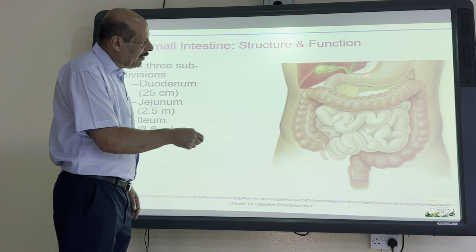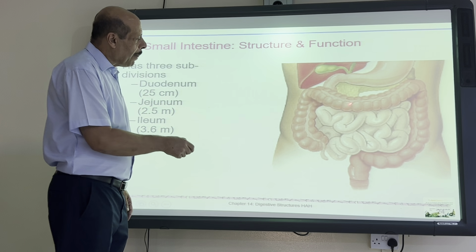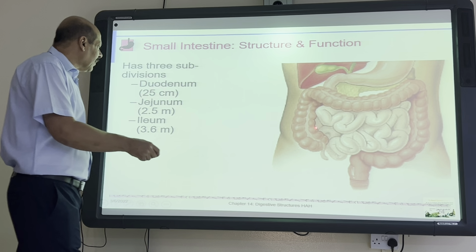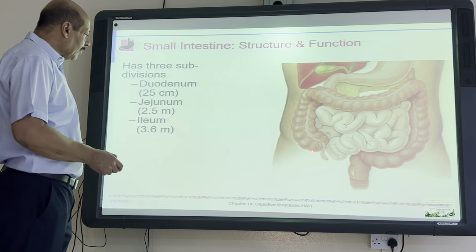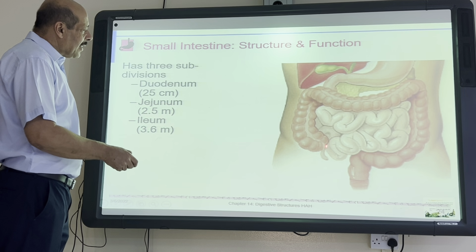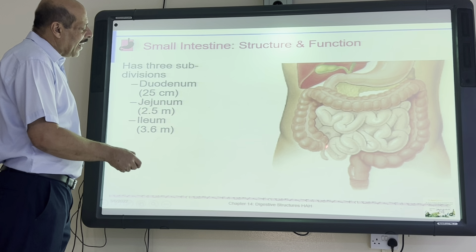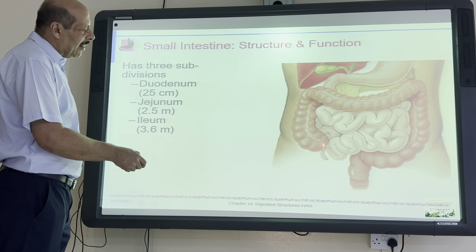This is the stomach, pylorus, duodenum. Then this is the small intestine, the jejunum, then the ileum. And this is the cecal part. So this is the end of and the junction between the small intestine and the large intestine.